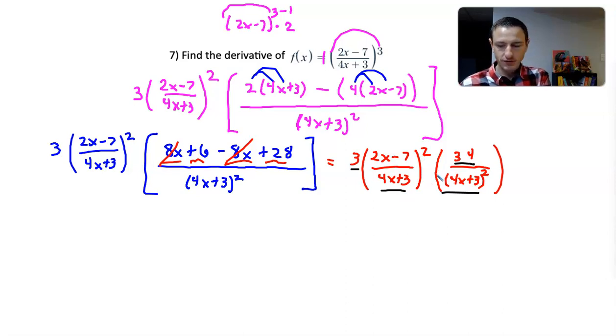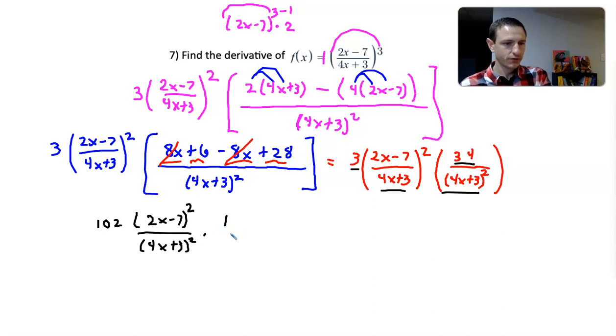So I'm going to do 3 times 34, and then I'm going to rewrite that. 3 times 34 is going to be 102. And then I'm going to rewrite this as (2x minus 7) squared over (4x plus 3) squared, times, and since I wrote that 102 out in the front there, 1 over (4x plus 3) squared like that.